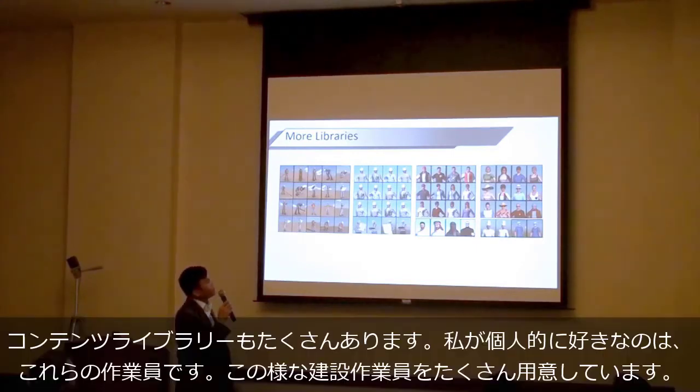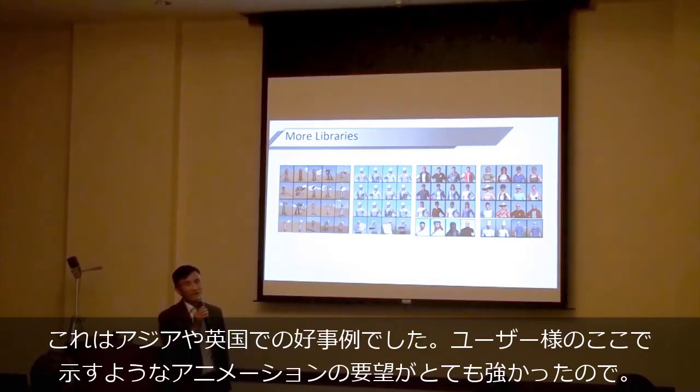To support further, we have a lot of content libraries. Those are the Entourage. My personal favorite is those workers. We have a lot of construction workers. I think it's a hit from Asia and also the UK. They really want to animate those people.